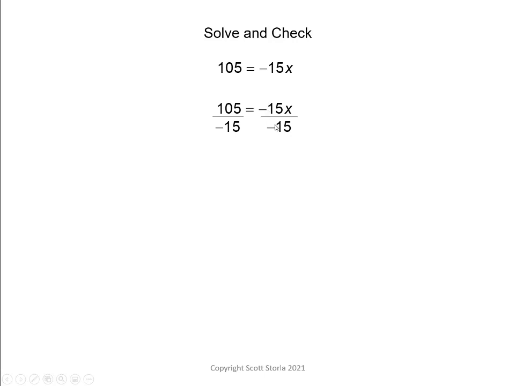Over here on the right, 2 negatives are going to give me a positive, and it's going to be a +1. And on the left, if I simplify, I'll just get negative 7. And again, I can replace 1 times x simply with x, and it's easy to see I should choose negative 7 as my answer. To see if it's really the solution, I go back to the original. I substitute and simplify. I get the same value. So my solution is negative 7.